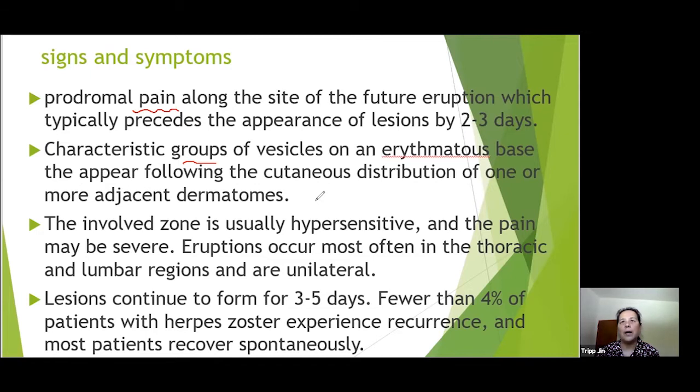Sometimes the patient gets the pain first, then the skin rash and damage, and after a few days the rash and blister disappear, but still the pain can remain. The pain can keep there for a pretty long time without treatment.